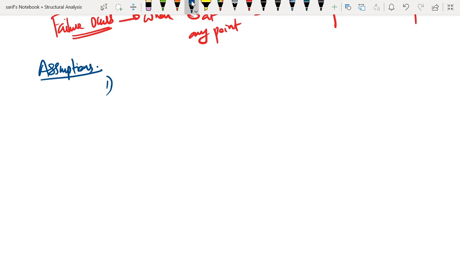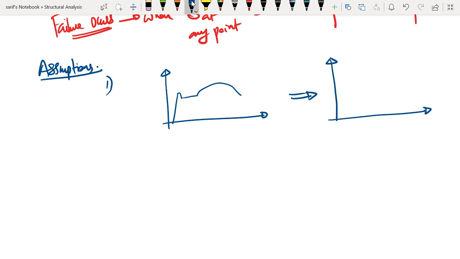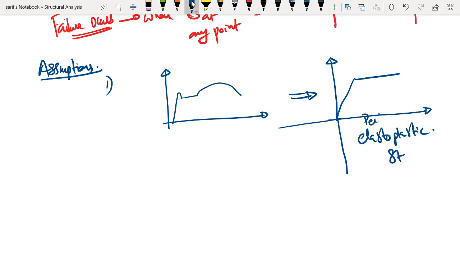Assumption number one is that, though we have a real stress strain curve which has strain hardening and everything, in the plastic analysis we are only going to consider an idealized stress strain curve, which is a perfectly elastoplastic stress strain curve. So that is one assumption.